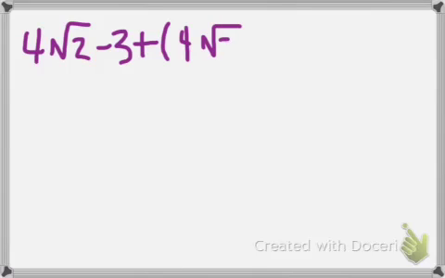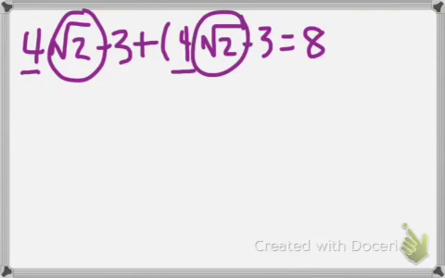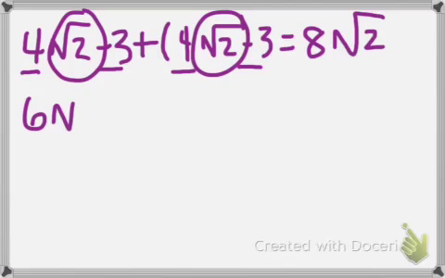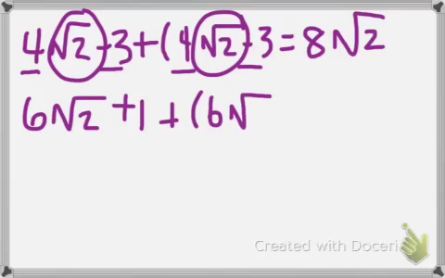When doing that, you add the outsides, which is 8, and since both insides are the same, we keep the radical the same: 8 radical 2. Then you take negative 3 minus negative 3, and that will equal 0. Then the second dimension is 6 radical 2 plus 1 plus 6 radical 2 plus 1.